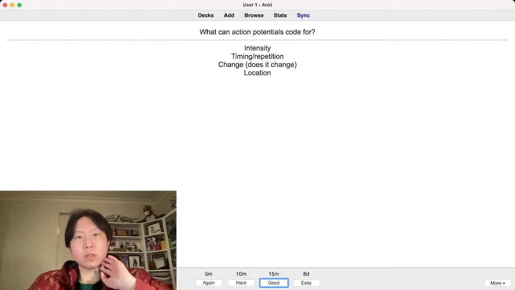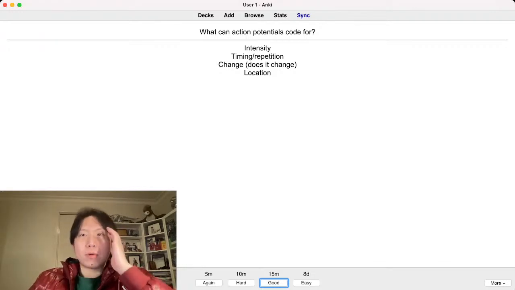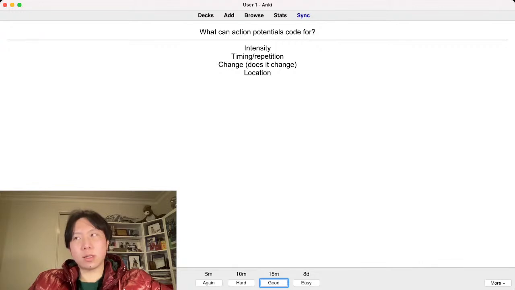Intensity, time, repetition, change, location. Location, intensity, change, timing.